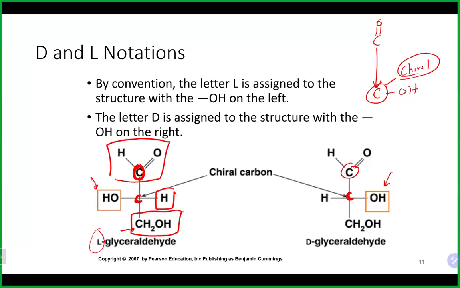It means that when you go as far as you can from the carbon-oxygen double bond and you find the farthest chirocarbon, on that chirocarbon your OH group will either be on the left-hand side if it's L, or on the right-hand side if it's the D isomer. Any questions on that?